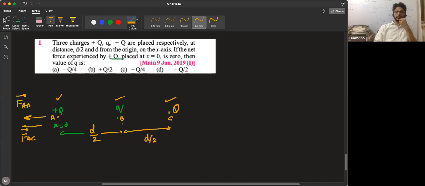Okay, just tell me one thing. This charge q should be a positive charge or it should be a negative charge? So negative. Can you decide why this q should be negative, not a positive one?